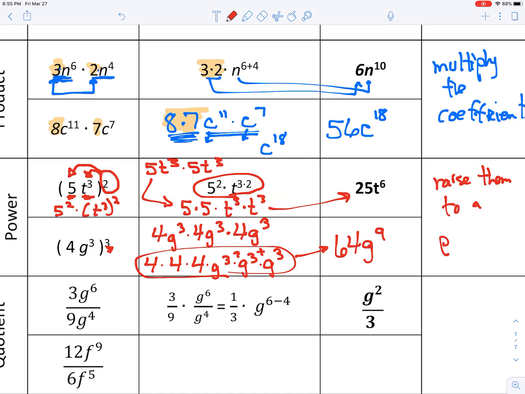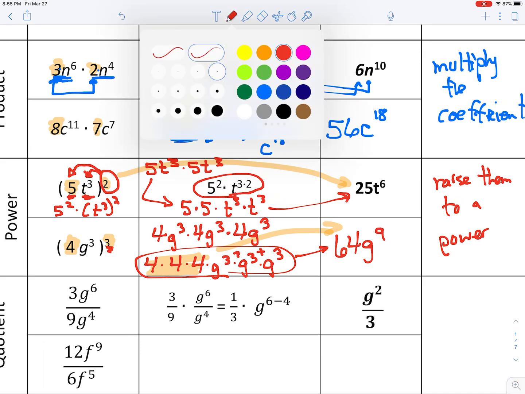You'll notice that 5 was the coefficient and 2 was the power. The result is 5 squared, or 25. 4 is the coefficient, 3 was the power. It will be 4 cubed, or 64.